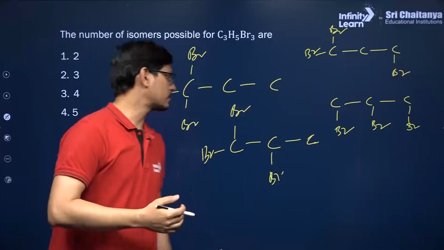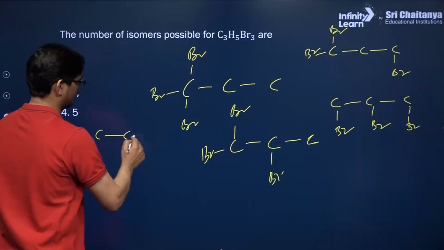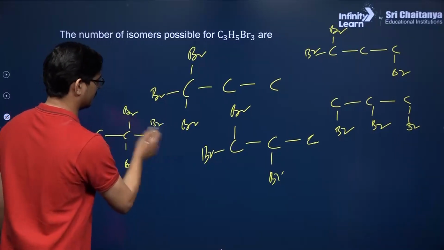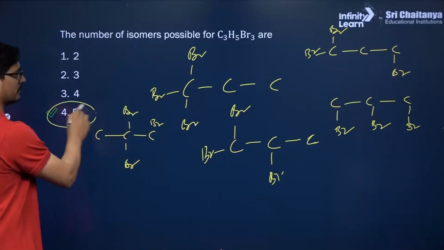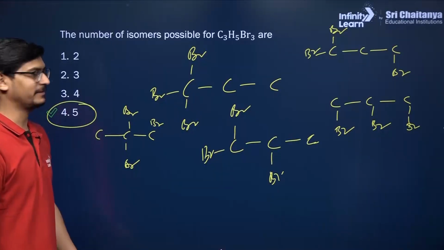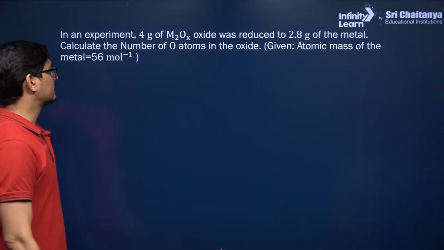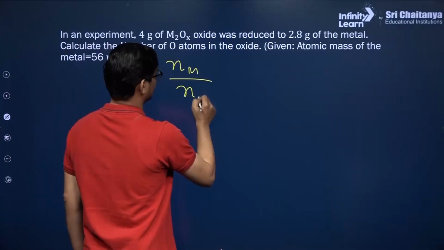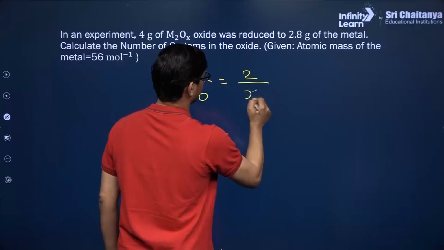And finally you can draw one where there are 2Br on the central carbon and 1Br on one of the boundary atoms. So the total number of isomers will be 5: 1, 2, 3, 4, 5, right? In this experiment, we know that the number of moles of metal divided by number of moles of oxygen will be 2 divided by x, right?